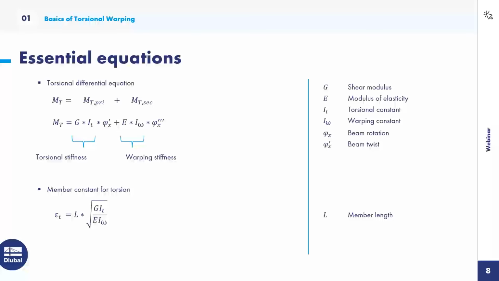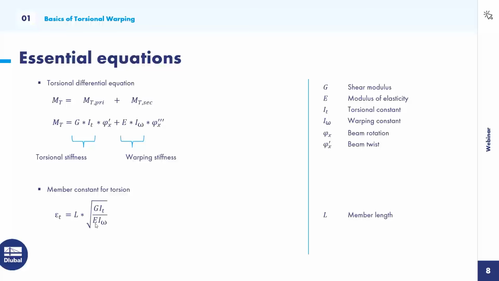And we can also go one step further. It's very common to simplify this torsional differential equation by dividing by the warping stiffness, and then we get this factor that stands here in the square root. This part of the equation is then called the decay factor.